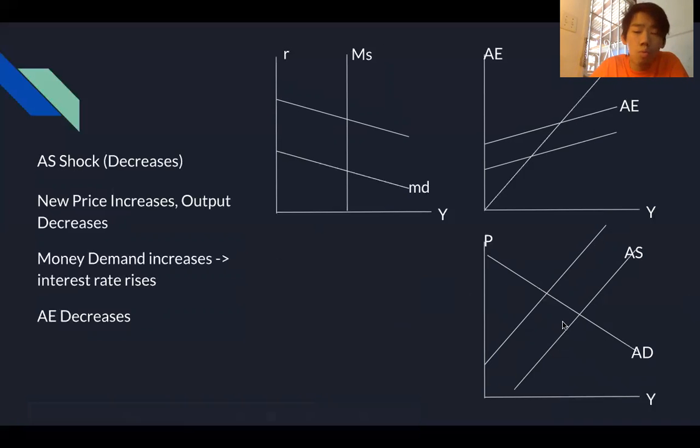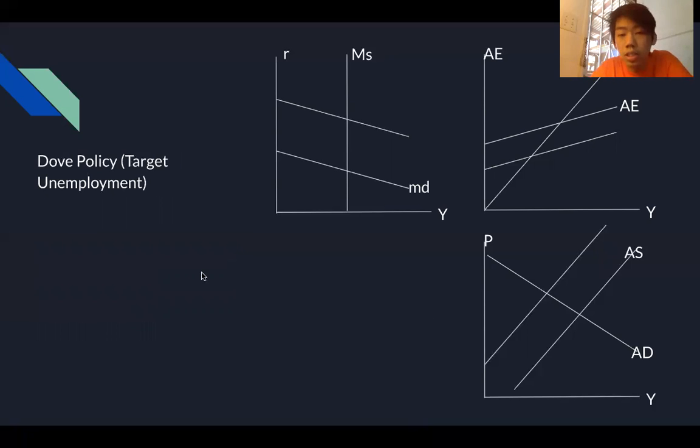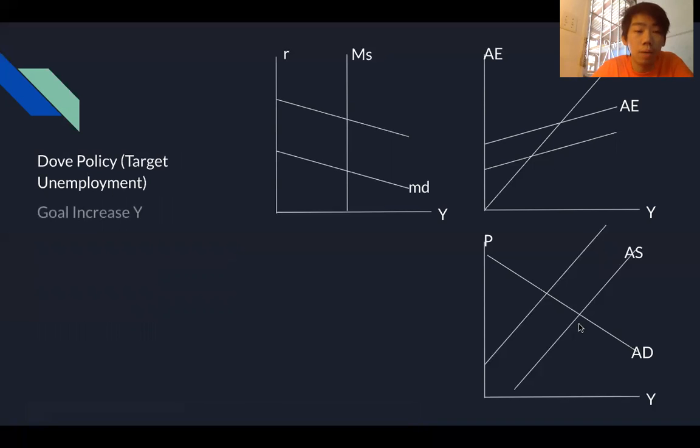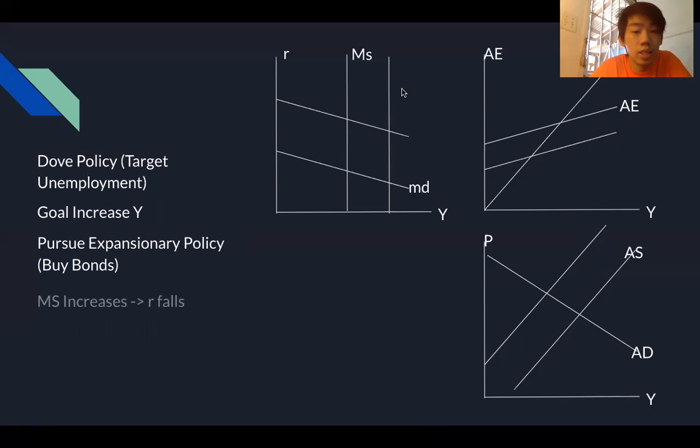And so we have to do one of two policies, either dove policy or hawk policy. Dove policy is a pretty lax policy. Overall, we're trying to target the unemployment. We're trying to get back to the regular output. So the goal is to increase Y. So we're going to pursue expansionary policy. Let's buy bonds in this case. The money supply increases, the interest rate falls down to this new level here. And then aggregate expenditure rises, and aggregate demand rises back up to normal.